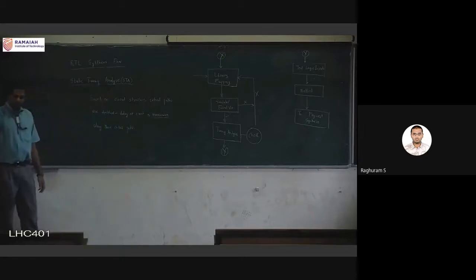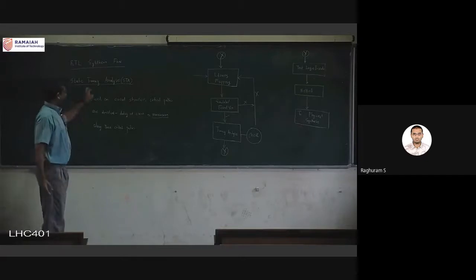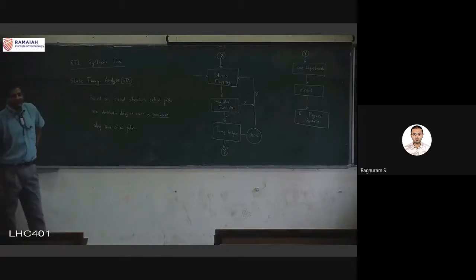So some sort of structural analysis of the circuit is being performed during static timing analysis. And what that means is, I have a circuit with many inputs, many outputs, okay?